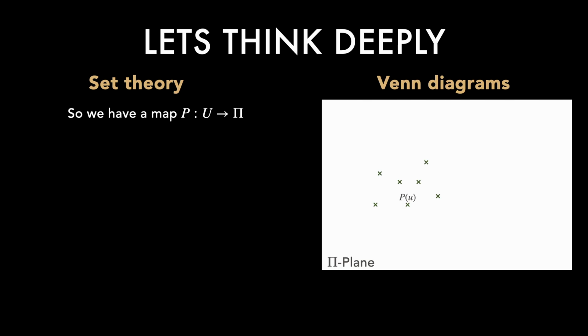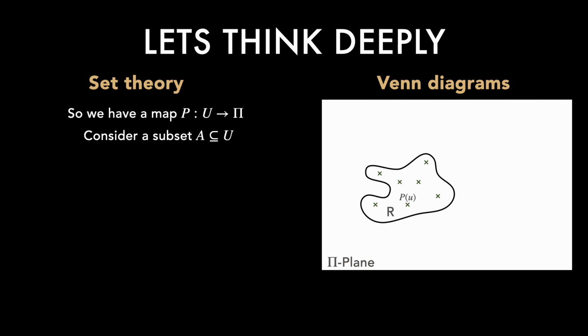Suppose we now look at a subset A of U. Immediately in the Venn diagram side, we draw a blob R, and we are going to pretend R is the same as U. But what does that mean? Let's try to understand what A is in terms of P and R. In fact, let us say what it is in English first.